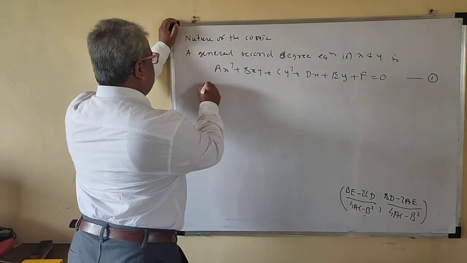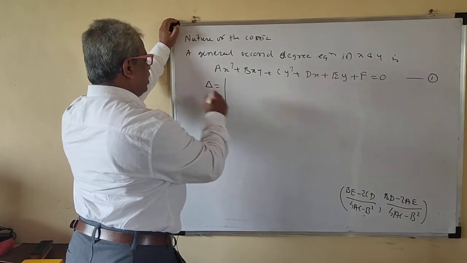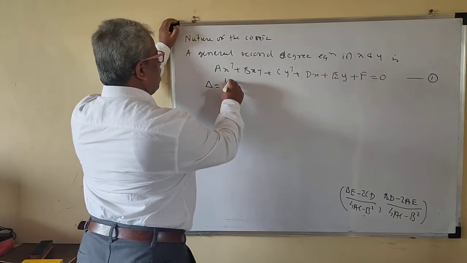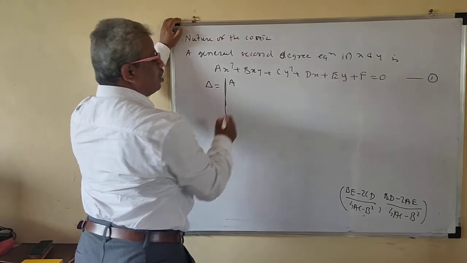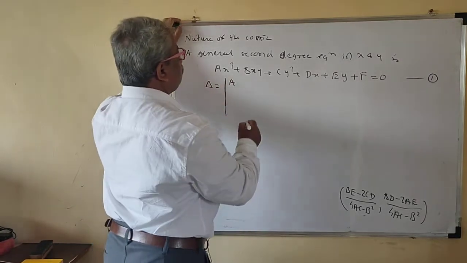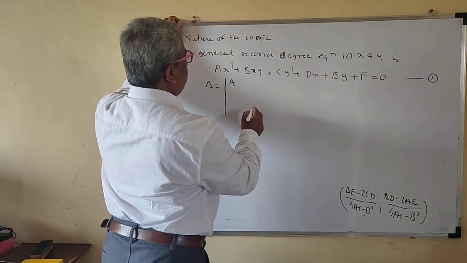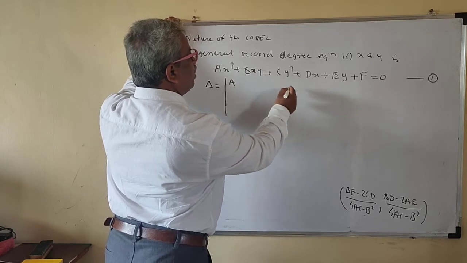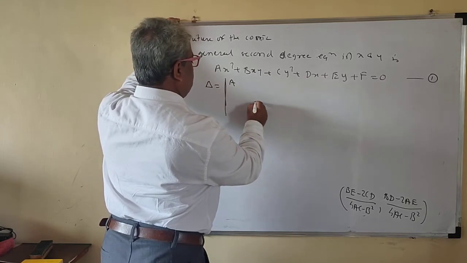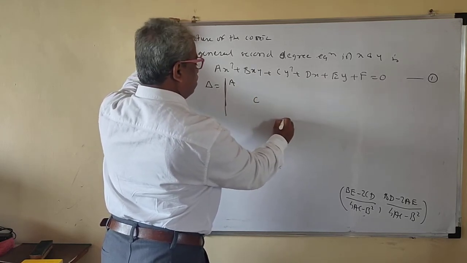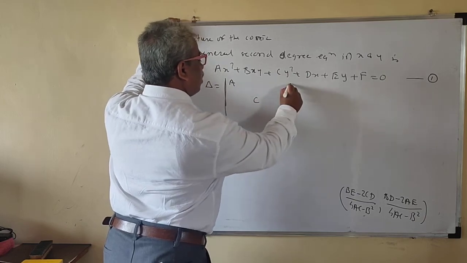So you know that delta is equal to what? So here, a. Here, the coefficient of y square is c. And here the constant, this is f now. Okay.